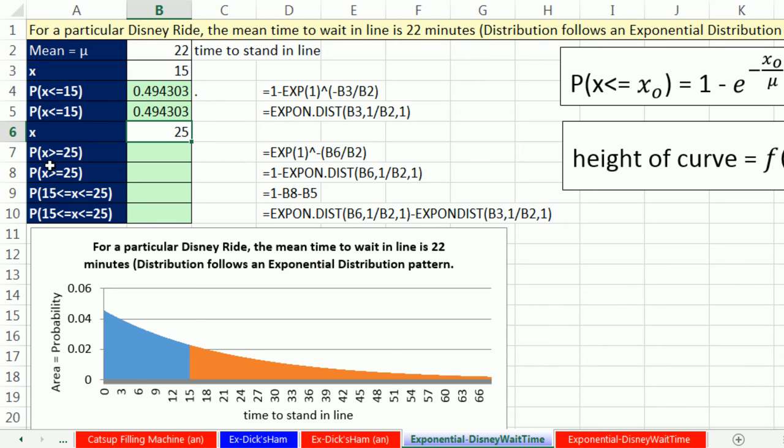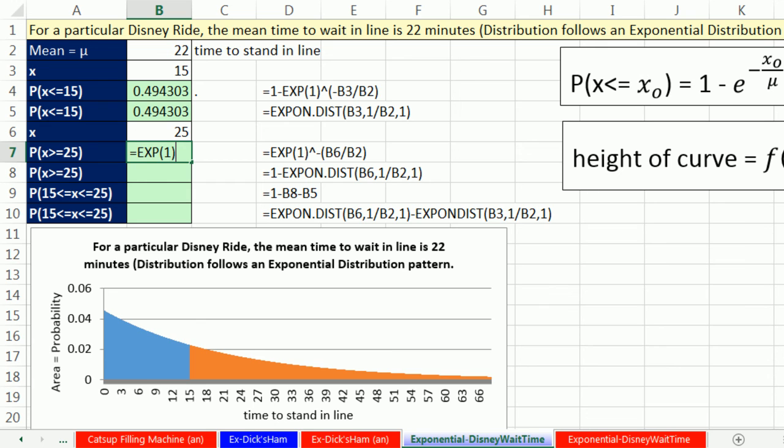Now, if we want to calculate greater than or equal to 25 minutes in line, notice this formula is 1 minus. So if we did 1 minus 1, it would just be 0 there, and it would change that minus to a plus. So we can simply do equals EXP 1. That just gives me my e. If I enter it, it's just 2.7182, repeating decimals, that magic number.